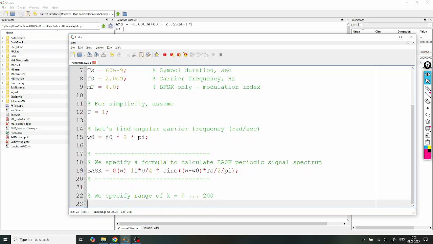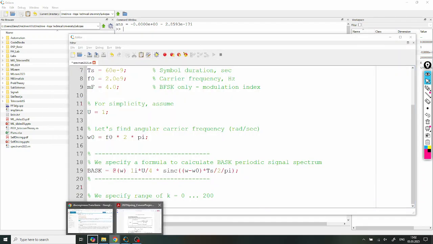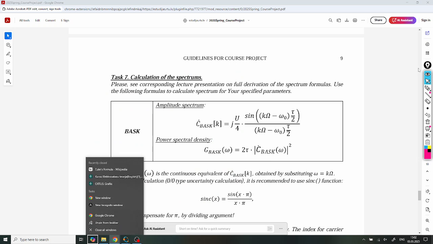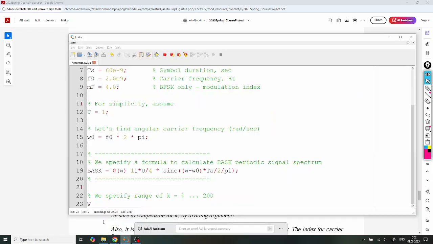So we need to calculate omega, that is base, this omega capital base function, which is calculated as p divided by tau. Yes, so we can easily do so. Omega base, that will be p divided by symbol duration.